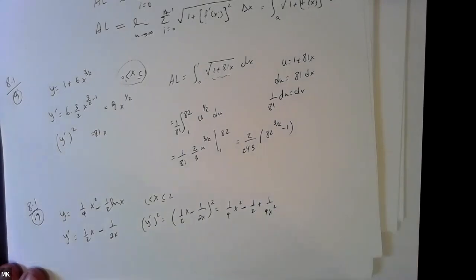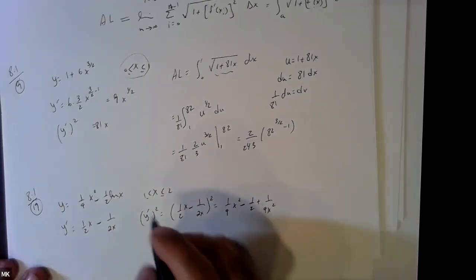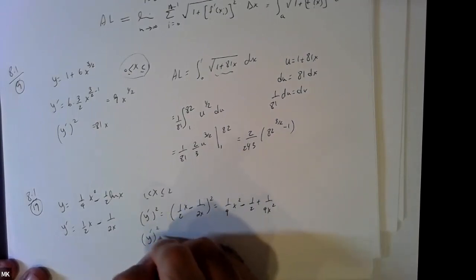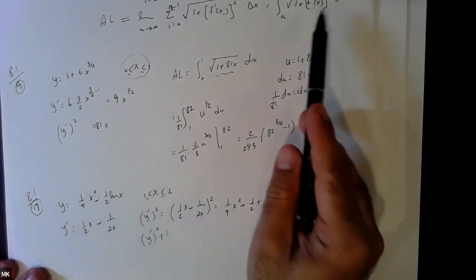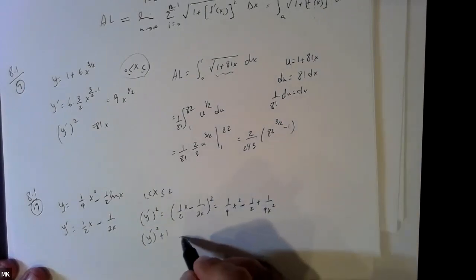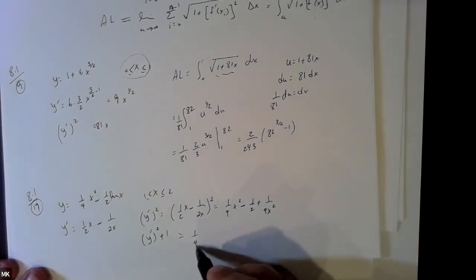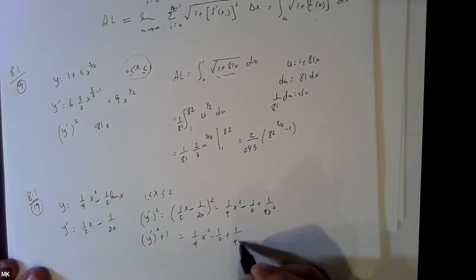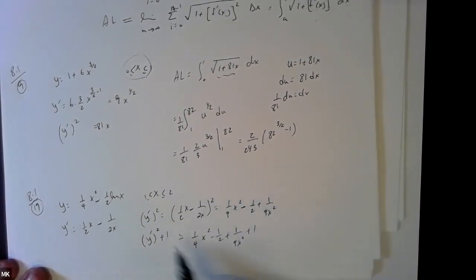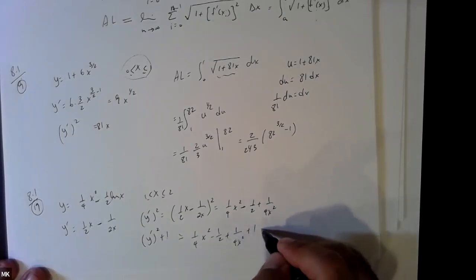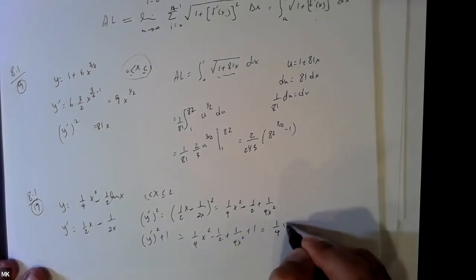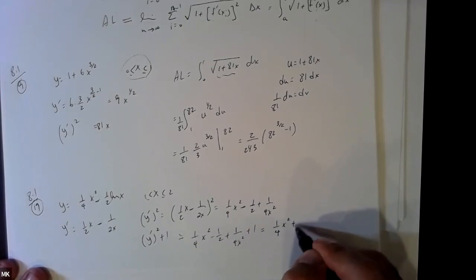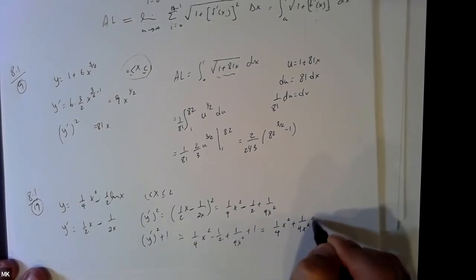Okay. And then, and this is a catch really, y prime squared plus 1 is going to be equal to 1/4 x squared minus 1/2 plus 1 over 4x squared plus 1. That's a plus 1. And then 1 minus 1/2 gives you 1/2: 1/4 x squared plus 1 over 4x squared plus 1/2.